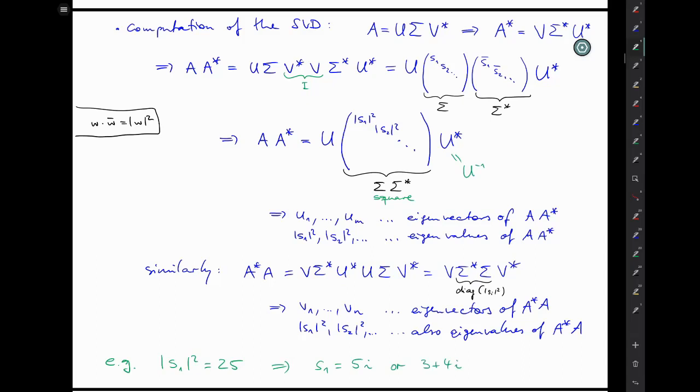Or you could even take something like 3 plus 4 times i, whose modulus is also 5, and that squared is 25. But, I mean, let's not be stupid. Why not take s1 just 5? So we have this freedom here to make life easy for us, then let's make life easy and take the non-negative real number that gives you, when you square it, the 25.